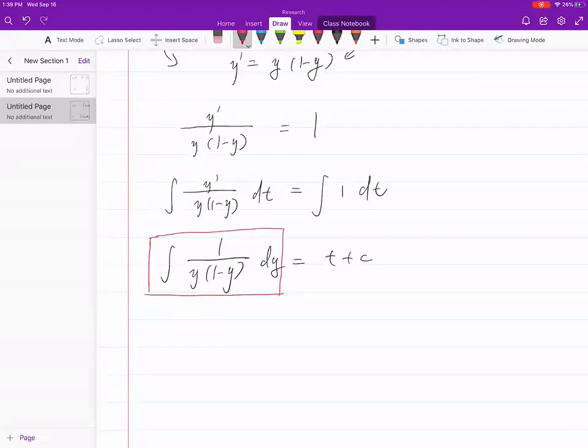Partial fraction. And end of story. That's all we know. How to do this? Anyone? Integration by parts, trig sub, partial fraction, and u sub.